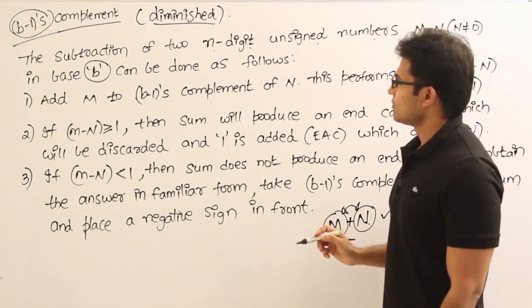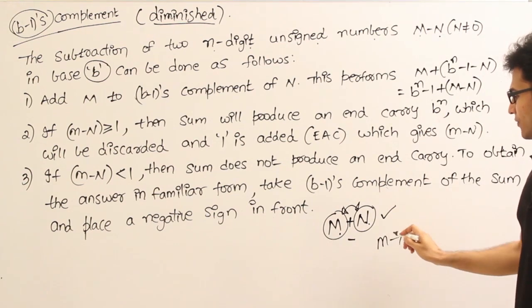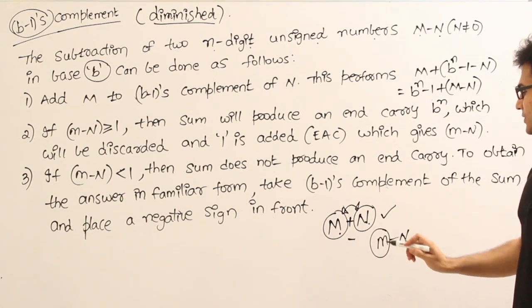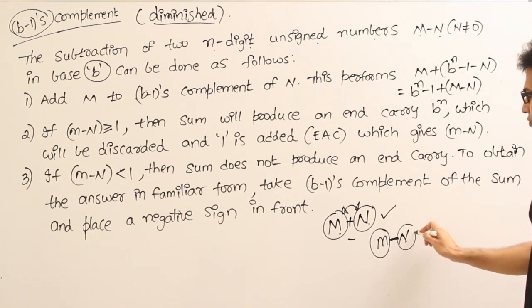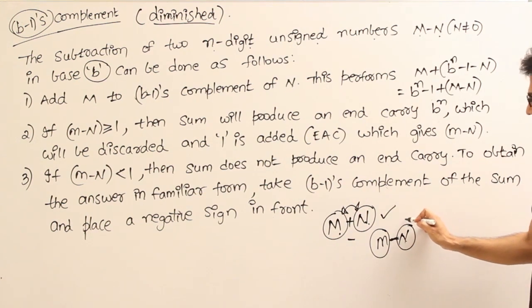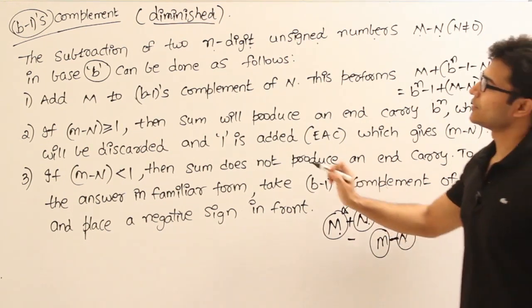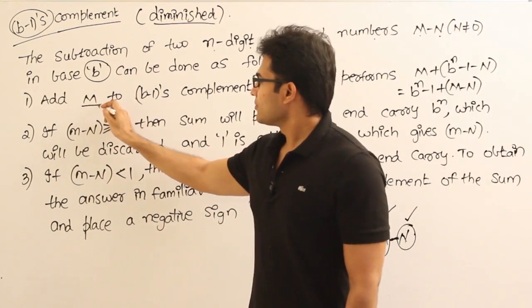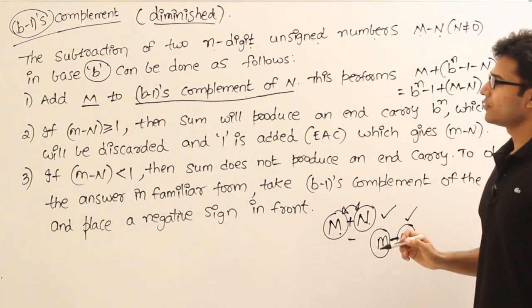The first rule: when we have to subtract m minus n, we leave m as it is, but we modify n to its b minus 1's complement, which means we compute the b minus 1's complement of n and add it to m. That is what we are doing.